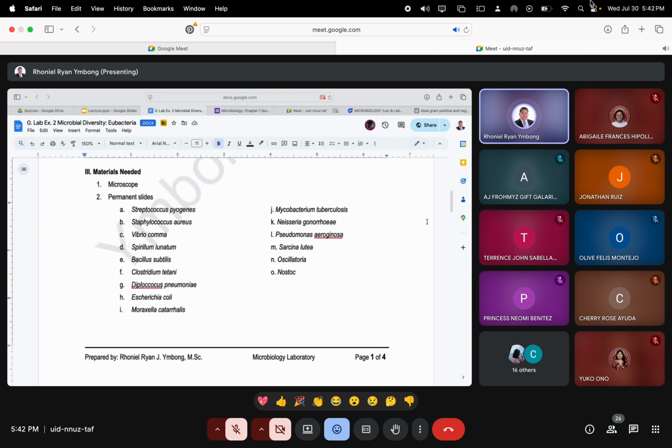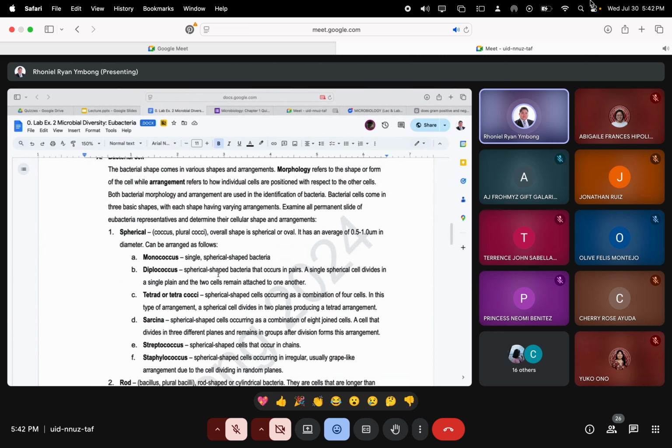What we will do is, again, just Google them, since we are not yet in the laboratory, and take note of the shape and the arrangement of these bacterial species. Some of them might be quite easy to detect because of the name, like Spirillum, Vibrio, Staphylococcus, but some might be quite difficult. So try to search for the structure, shape, and arrangement of these sample bacterial species.